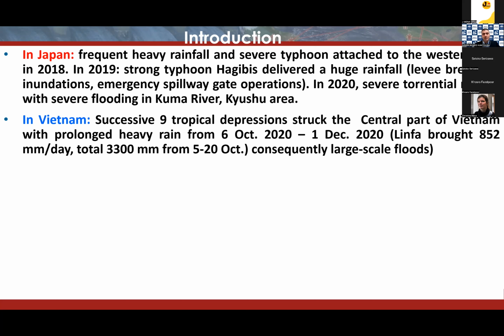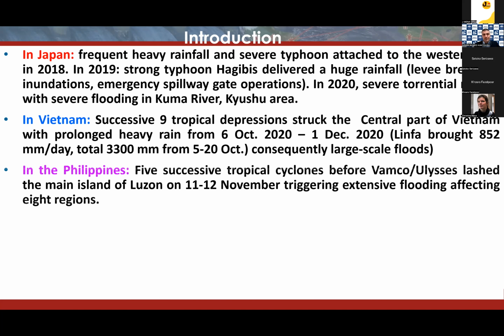Like Lympha brought more rainfall with more than 800 millimeter per day, with a total 3,300 millimeter during this period of 15 days, and large-scale flood with heavy damages. Also in the Philippines, 5 successive tropical cyclones before Ulysses lashed the main island of Luzon Island in November 2020, which triggered lots of flooding affecting 8 regions.